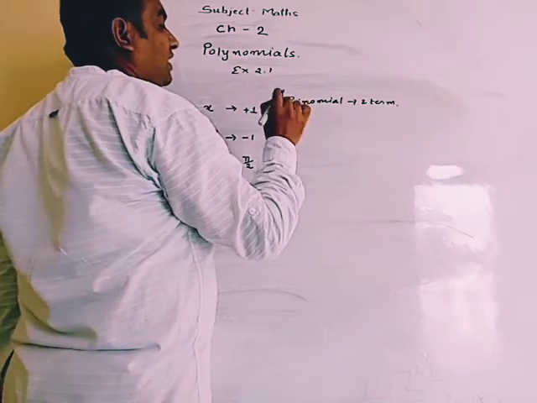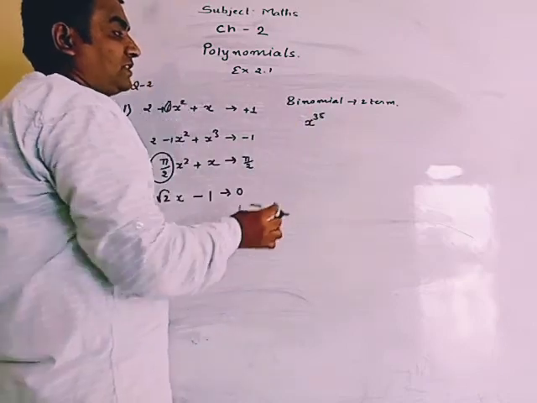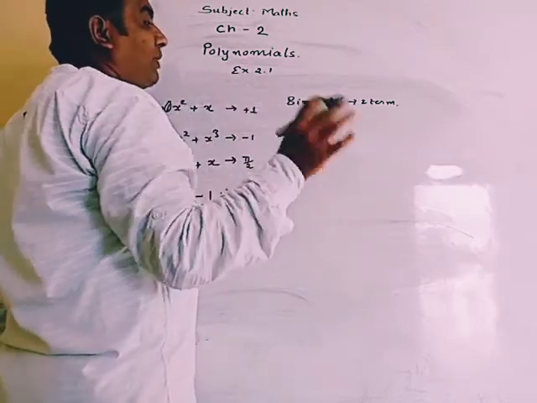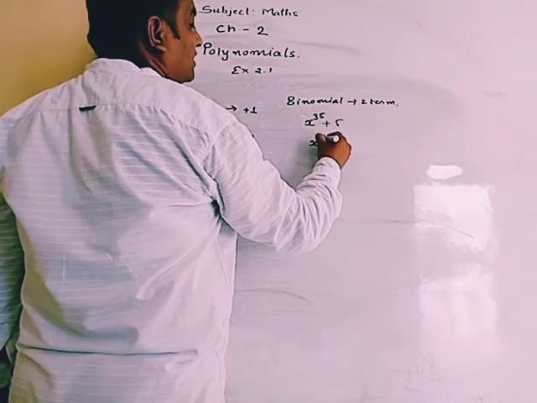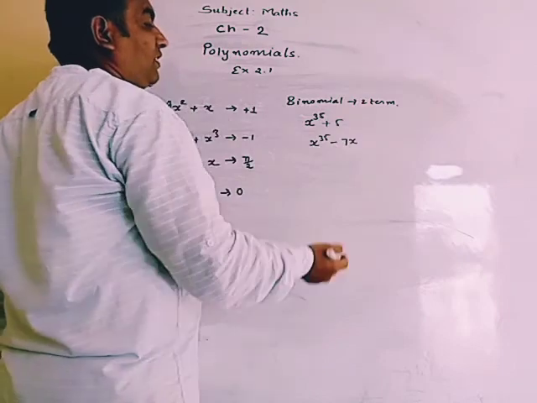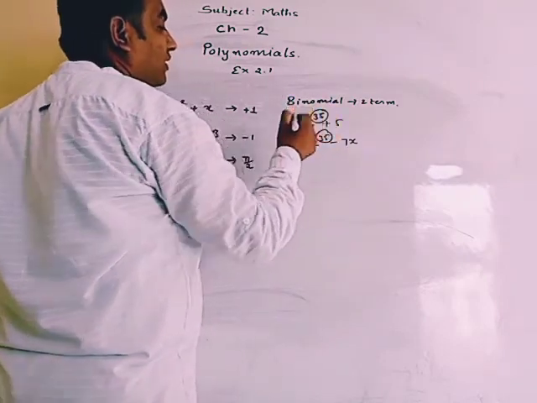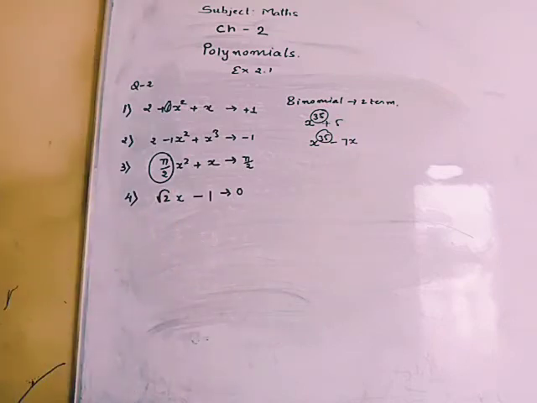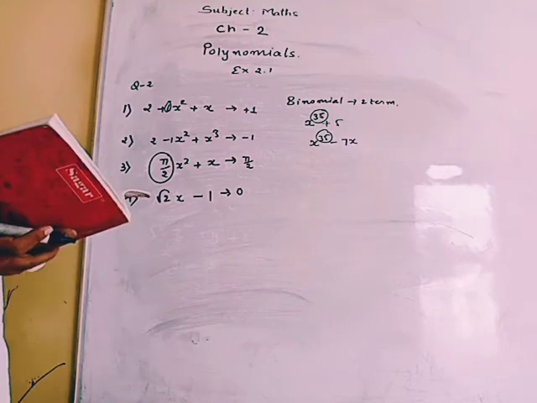So one term contains power 35, like that we write one term, x raised to 35. Then we only have to write one more term, so we can write plus 5, or x raised to 35 minus 7x also. The second term can be any term, but the first term must contain the 35 power. And so these are examples of a binomial with degree 35.